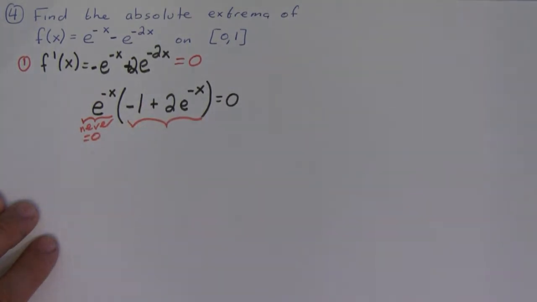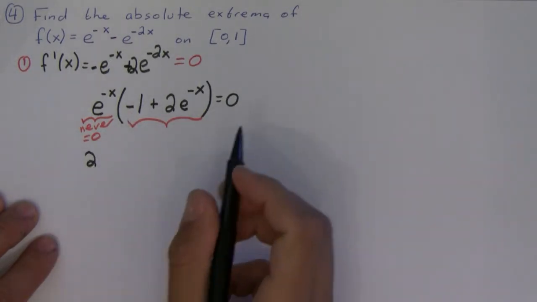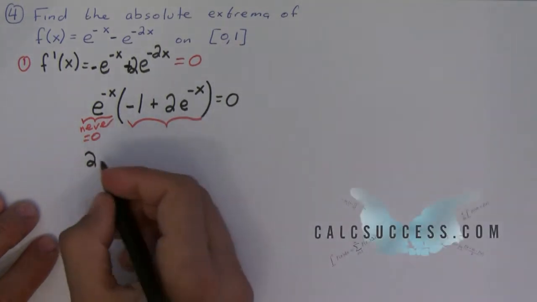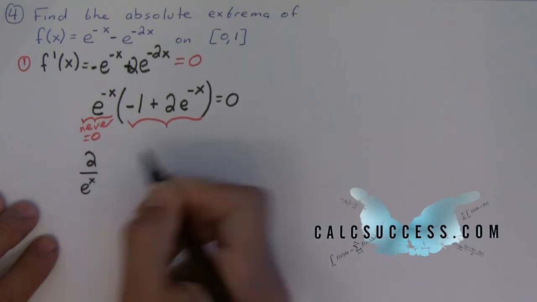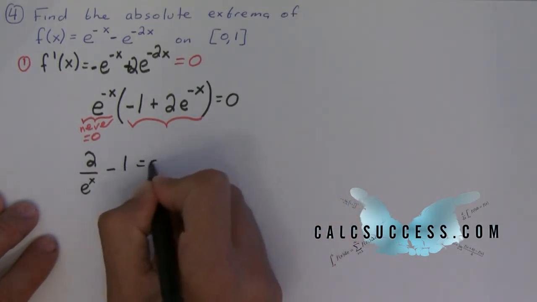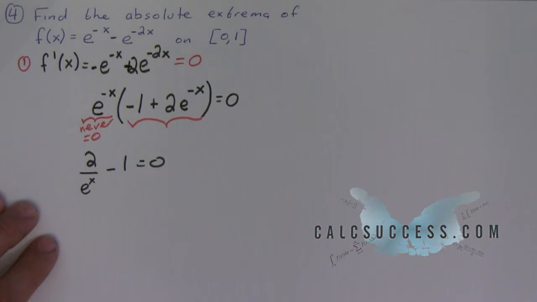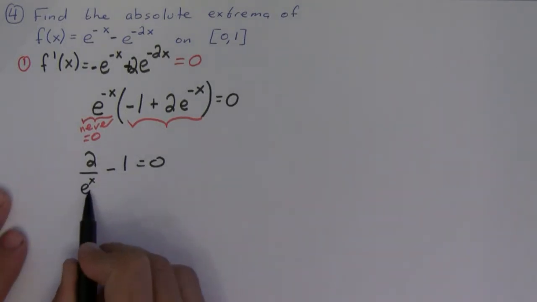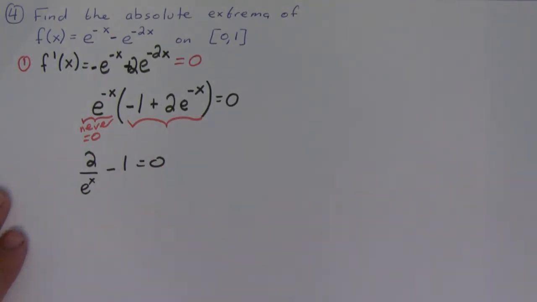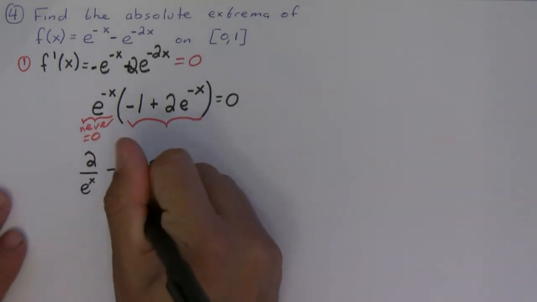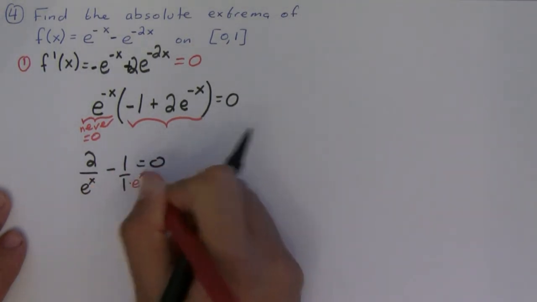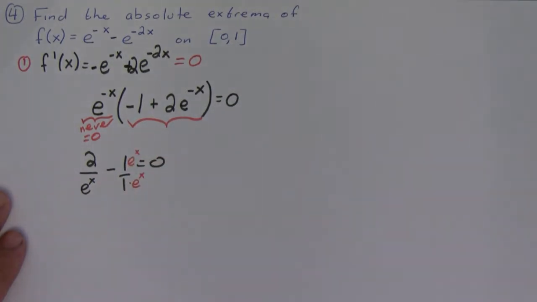But we can solve this guy inside. So let me rewrite it a tiny bit. What we have is 2 times, let's write it as 2, instead of e to the -x, let's write it as 2 over e to the x. -1 equals 0. Okay, so if I combine the two fractions, this guy needs an e to the x, top and bottom.